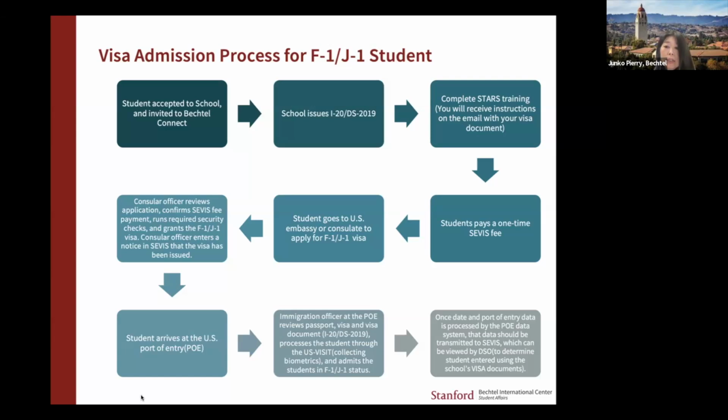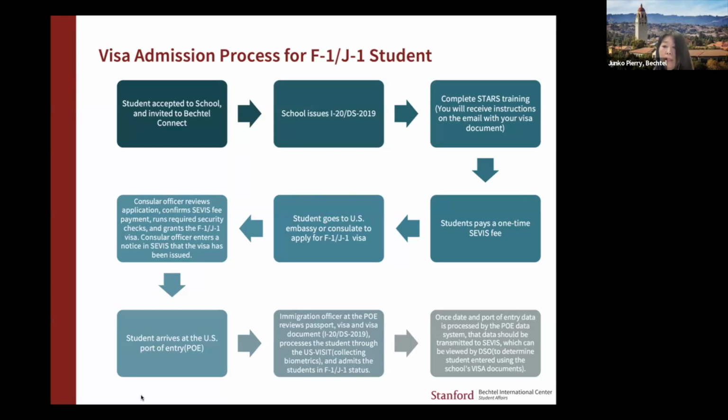Along with the email notification, you are going to receive a link to STARS training. All new international students are advised to complete the STARS training because it talks about what you need to do to obtain a visa, as well as what you need to do once you enter the country to maintain your legal status.